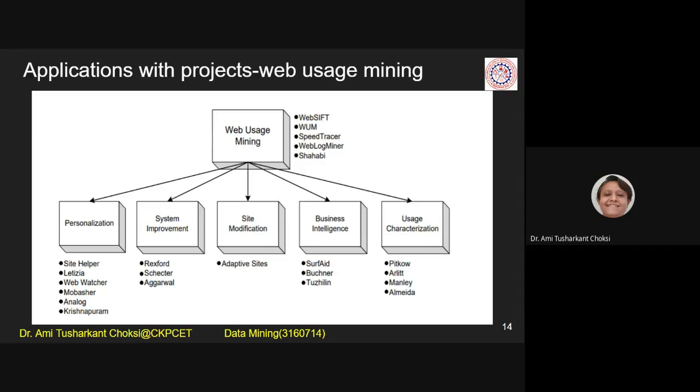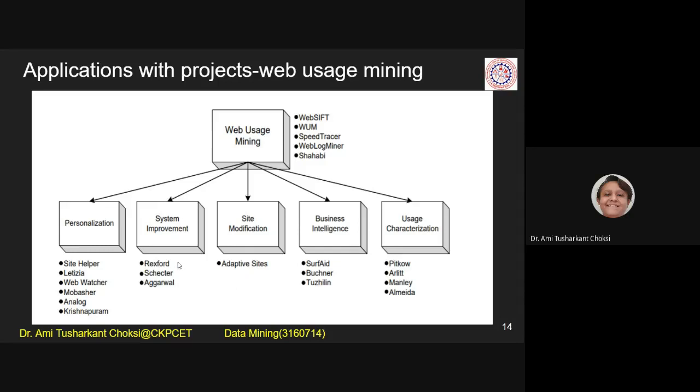So we can modify the site in such a way that, if page 2 is not so important, we can take users from page 1 directly to page 3, right? This is a simple example, isn't it? So we can modify the sites, and they are the adaptive sites, or we can say that the project for this site modification is about adaptive sites, right?